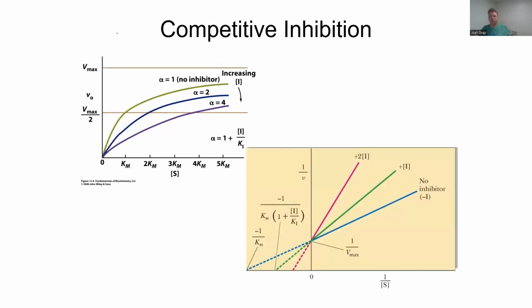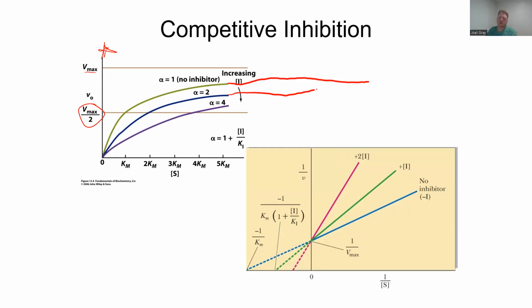Now, here is a set of Michaelis-Menten graphs and a double reciprocal or Lineweaver-Burk plot. One thing that I'd like to draw your attention to for this Michaelis-Menten plot: we've got our maximum velocity. We also have our Vmax divided by 2, where we can calculate our Km. Now, look at this olive colored line. That's basically going to go on to infinity.